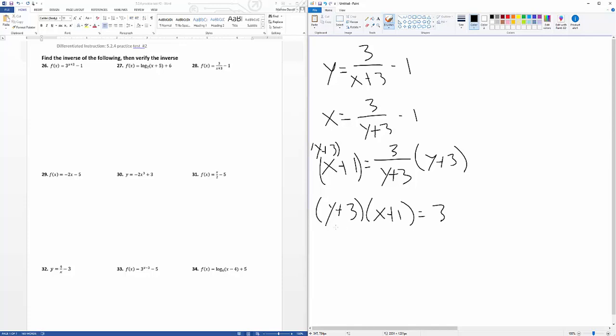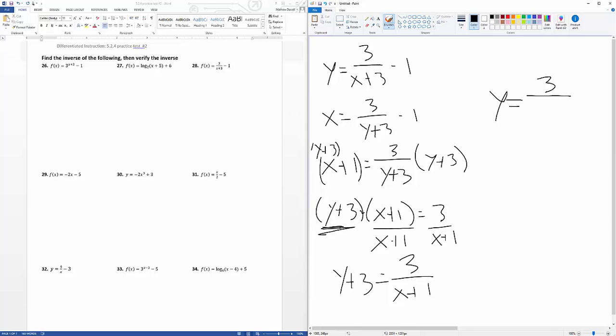So now I need to isolate and get y by itself while it's being multiplied by that x plus 1, so I can divide both sides by x plus 1. Minus 3. So you get y equals 3 over x plus 1, minus 3. And that's going to be my value. That is the inverse.